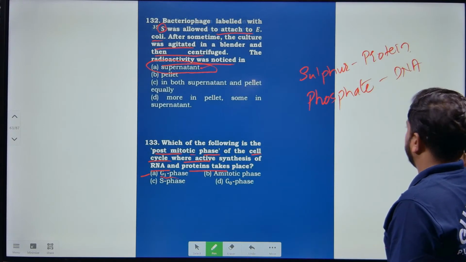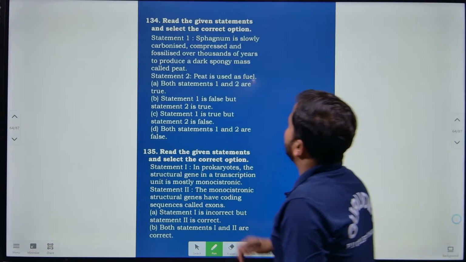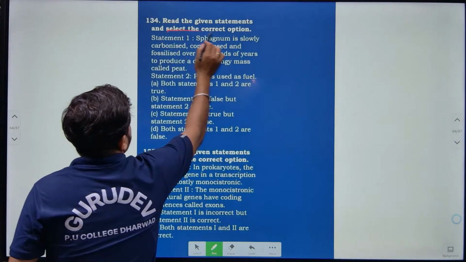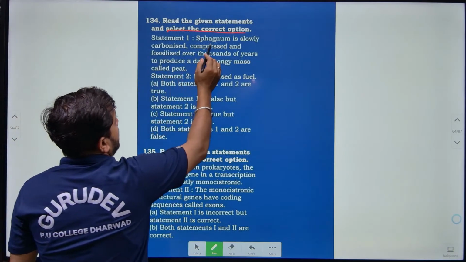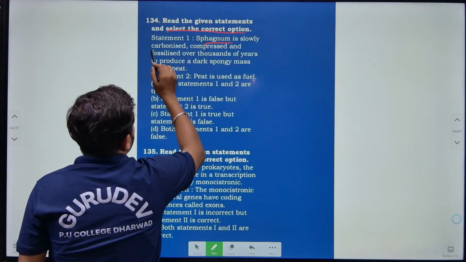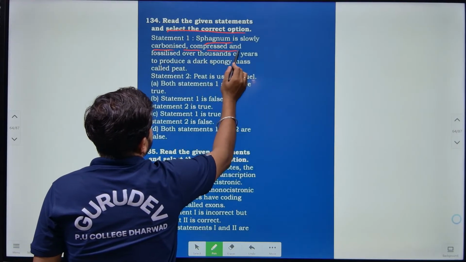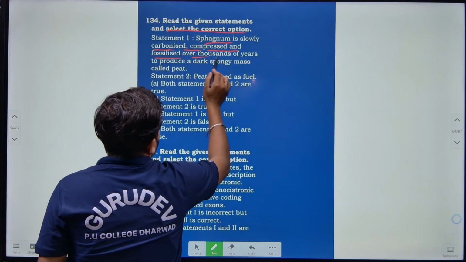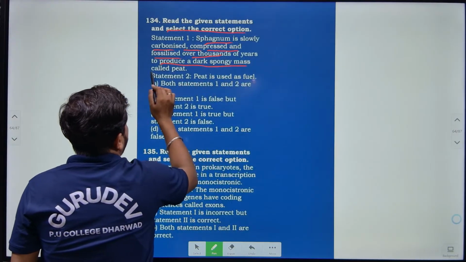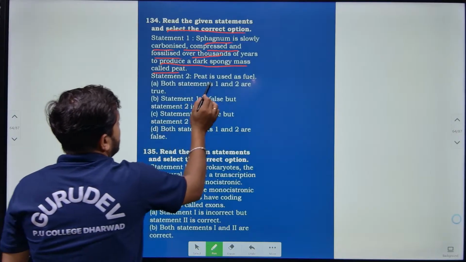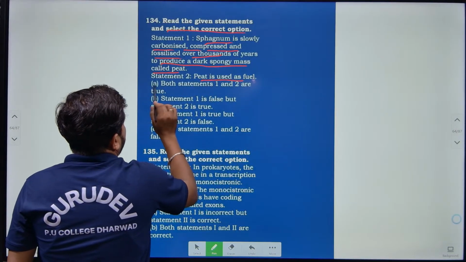Then the next question: read the given statement and select the correct option. Statement 1: sphagnum is slowly carbonized, compressed and fossilized over thousands of years to produce a dark spongy mass called peat. Then peat is used as fuel, right?